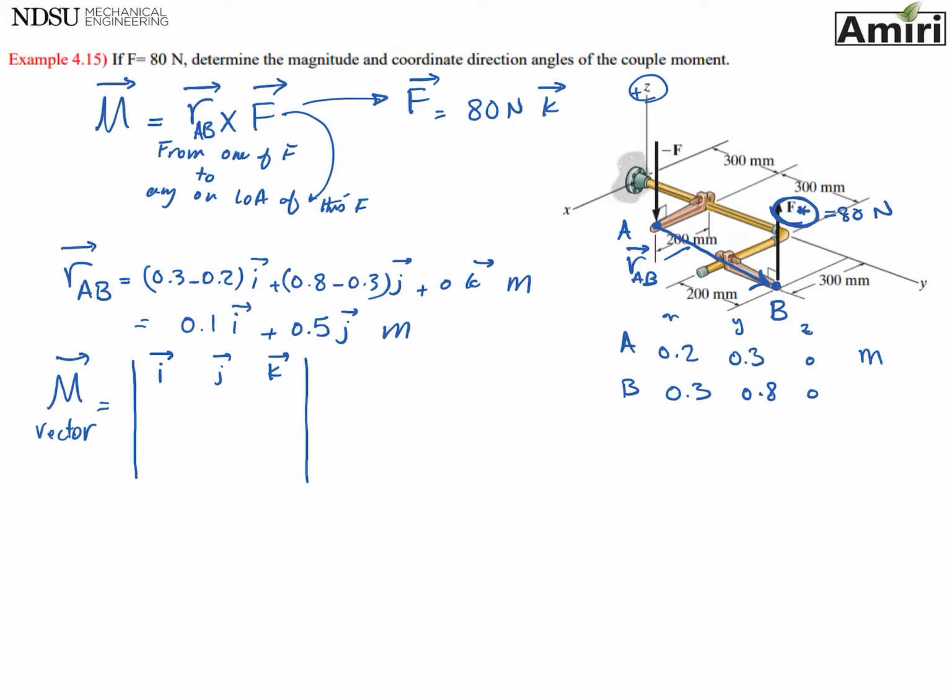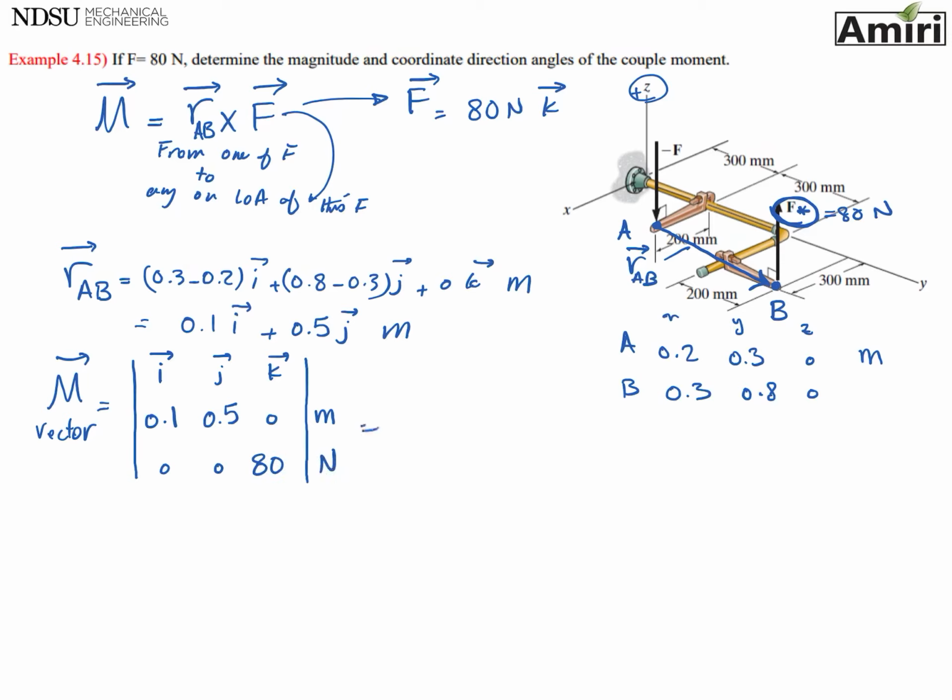Second row is going to be position vector AB, which is 0.1 I, 0.5 J, and then 0 K. Units are in meters. And my force F that I just found, 0, 0, and 80 newtons.